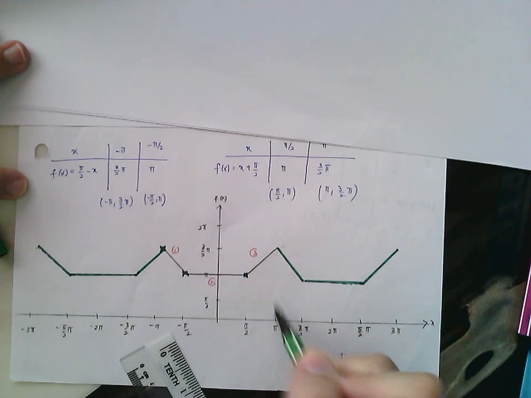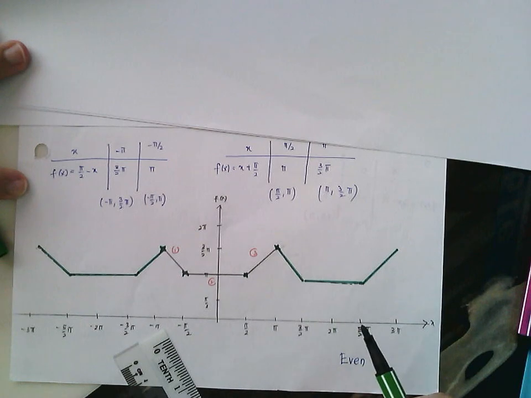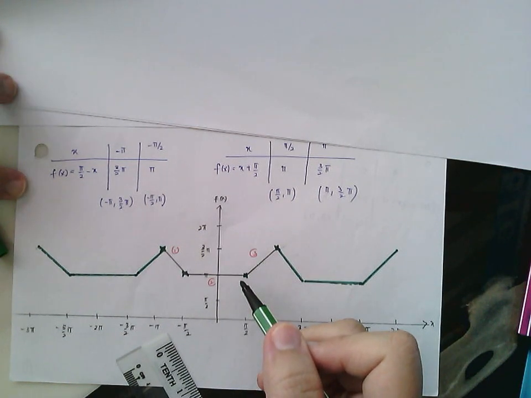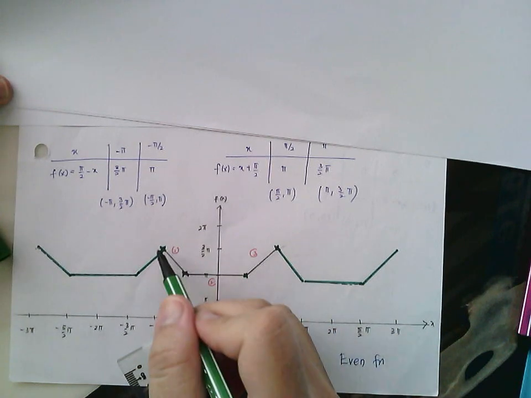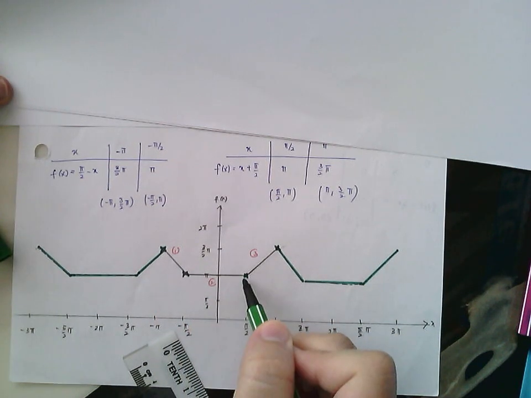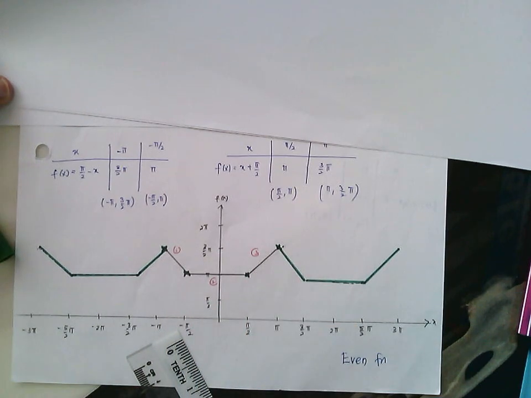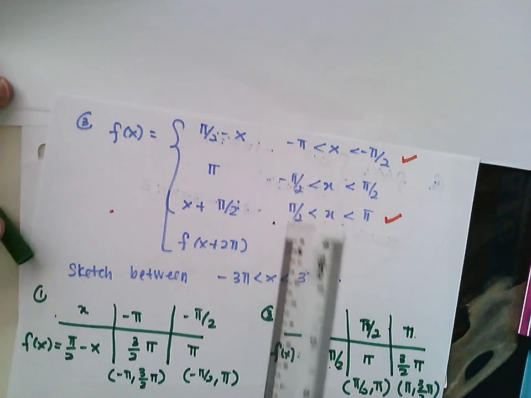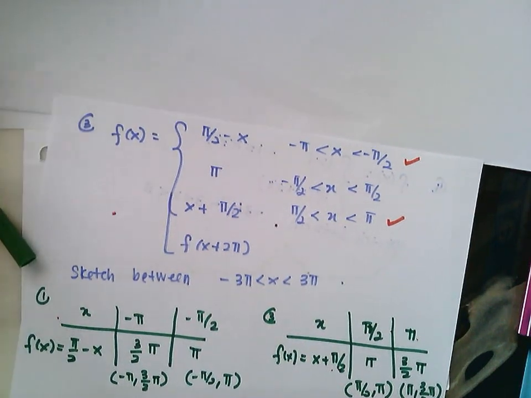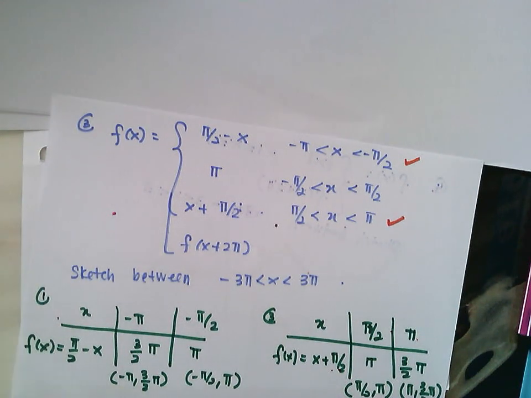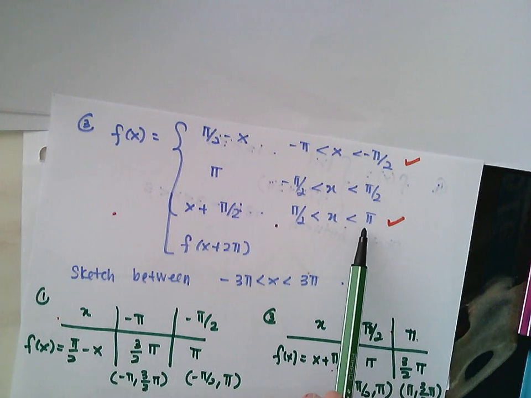So (pi, 3 over 2 pi) is here, so you will have another function here. So you have one function, the second function, and the last function. You have three functions because your problem here, your f(x), has three pieces. So now you are going to sketch from negative 3 pi to 3 pi. So the graph will repeat itself after this point.